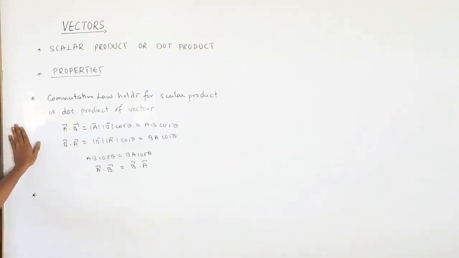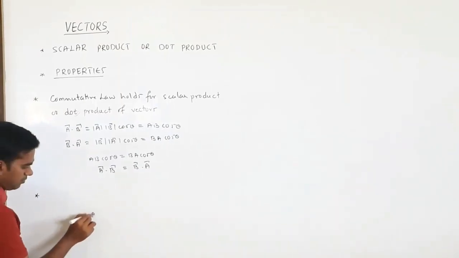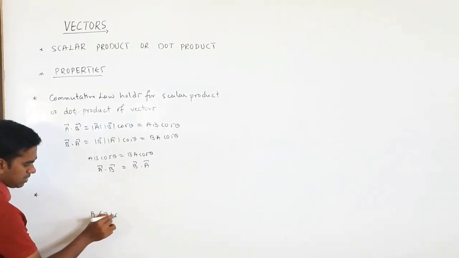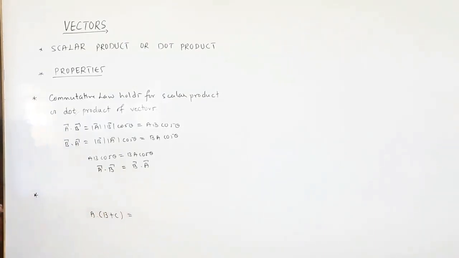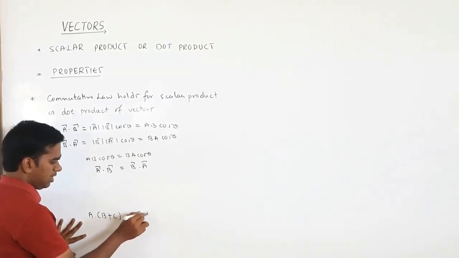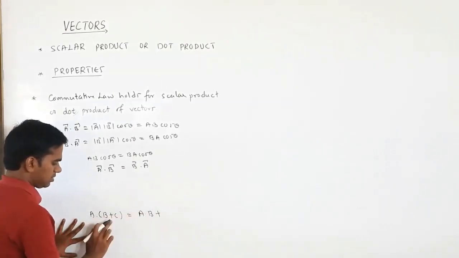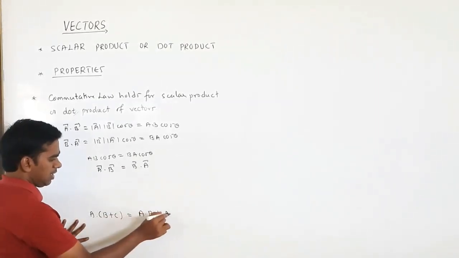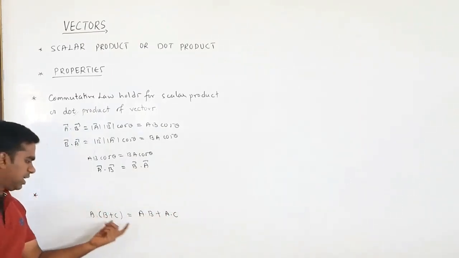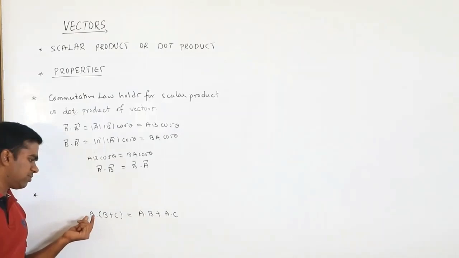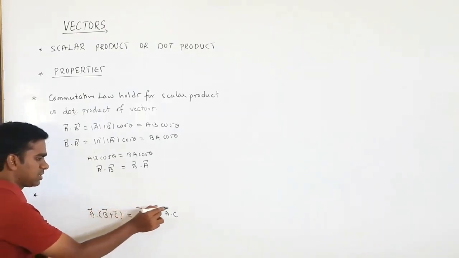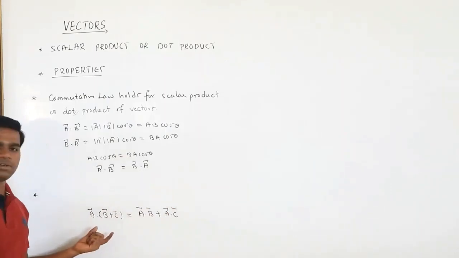What is the second property? See here, if you have a dot (b plus c), how can you multiply this? You can just multiply like a dot b plus, as it is, a dot c. Okay, so the usual multiplication you are doing. Remember, the same thing can be done in the case of scalar product or dot product of vectors.